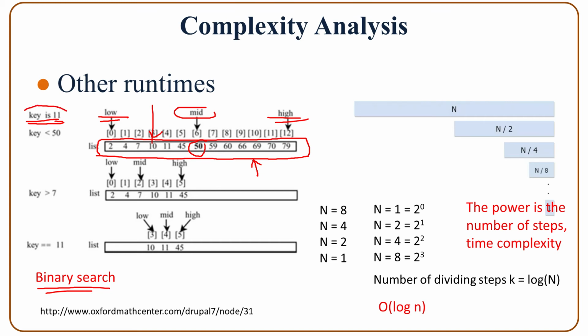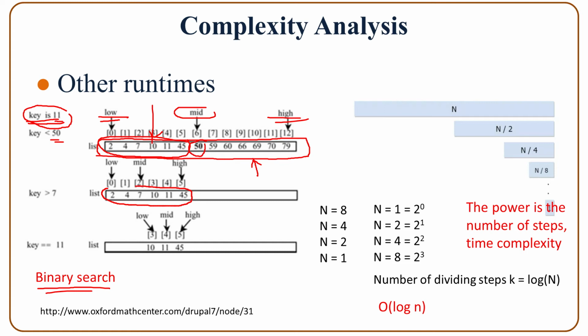Key is 11. So key actually is less than the mid value, which is 50. So we take the first part. And this is the first part. Here it is.